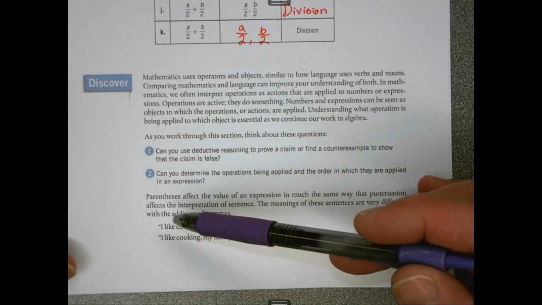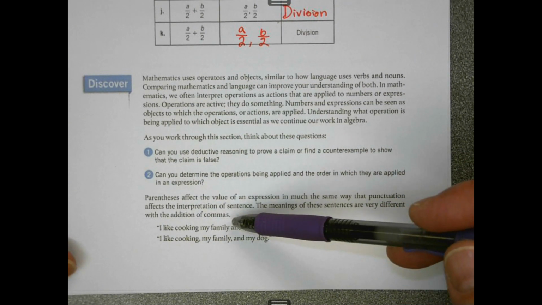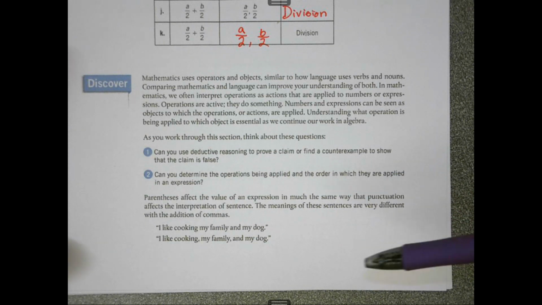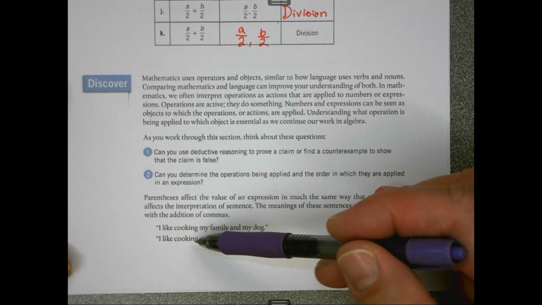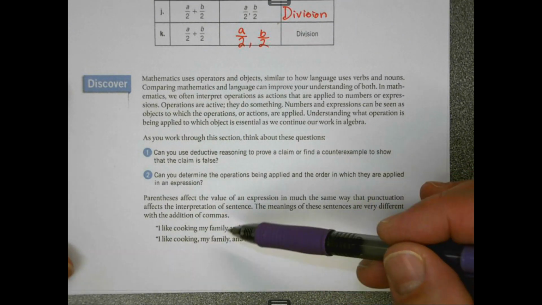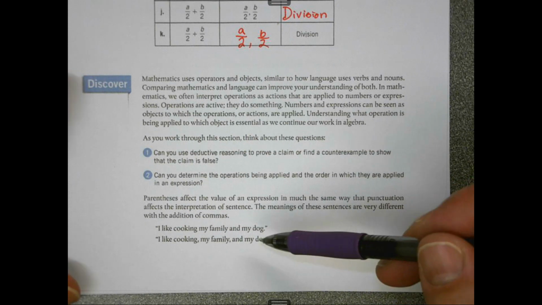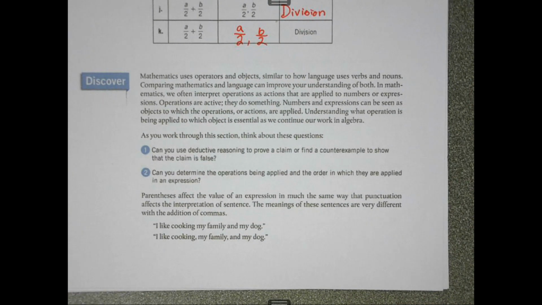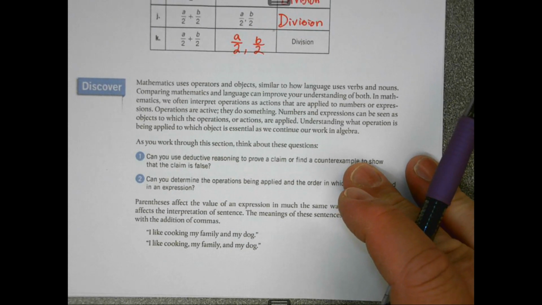For example, I like cooking my family and my dog. Well, of course you don't like cooking your dog. So if you put the commas in there, I like cooking, comma, my family, comma, and my dog. It makes a huge difference. That's all they're saying about parentheses in mathematics.